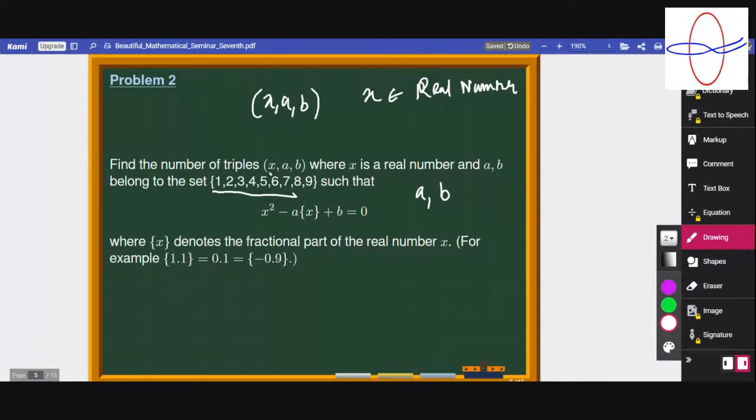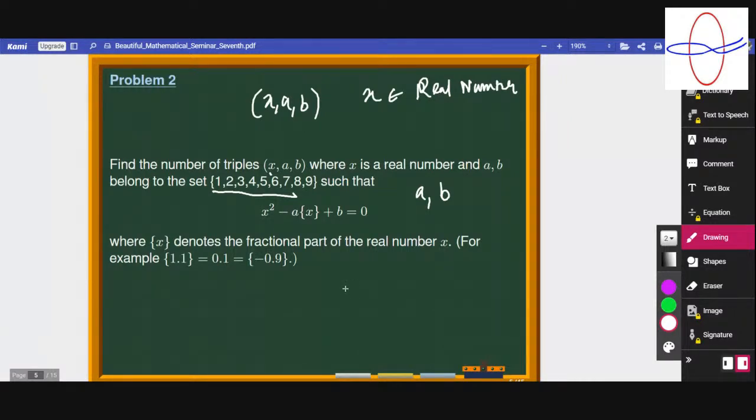I will do that question again after this question. No worries. So x, a and b are real numbers and a and b belong to the set 1, 2, 3, 4, or 9, such that x square minus a times the fractional part of x plus b equals 0, okay?